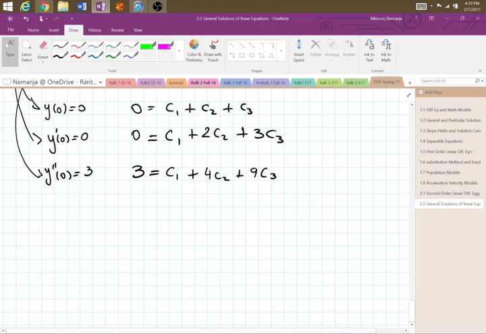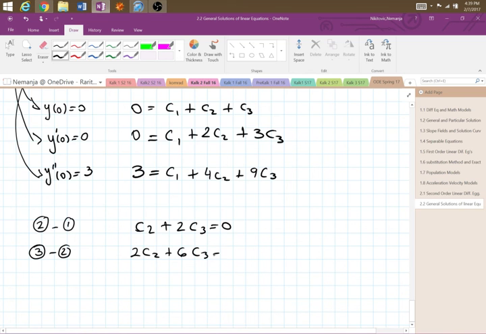If you subtract the first two equations, equation 2 minus equation 1, you will get C2 plus 2C3 equals 0. And if you subtract the second equation from the third, you will get 2C2 plus 6C3 equals 3.